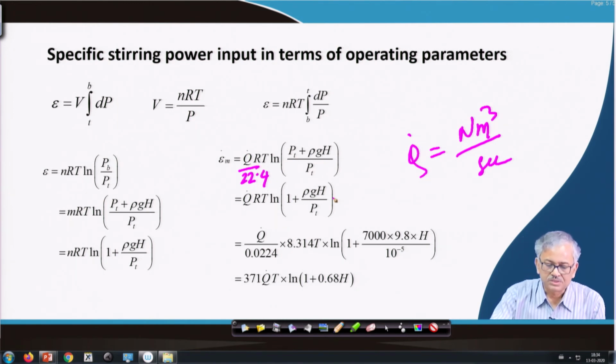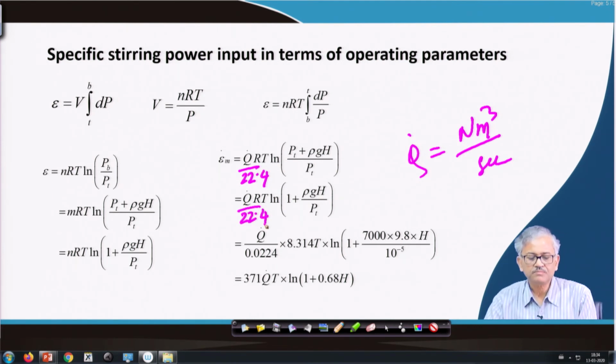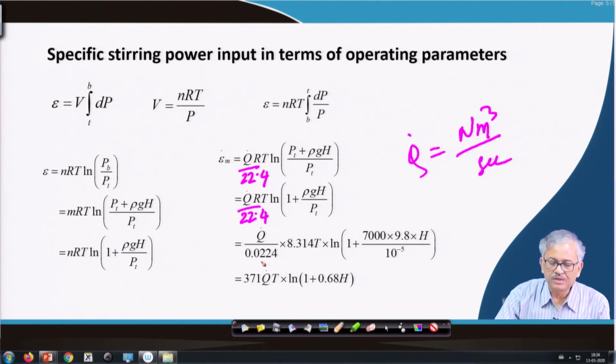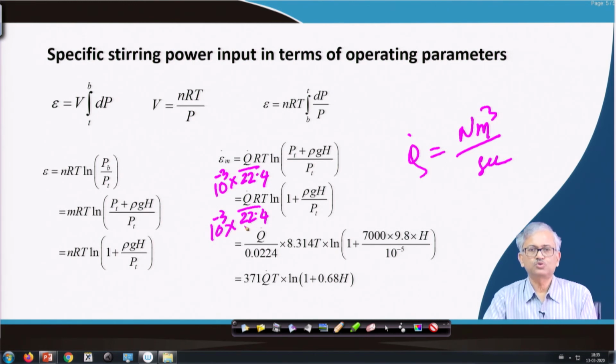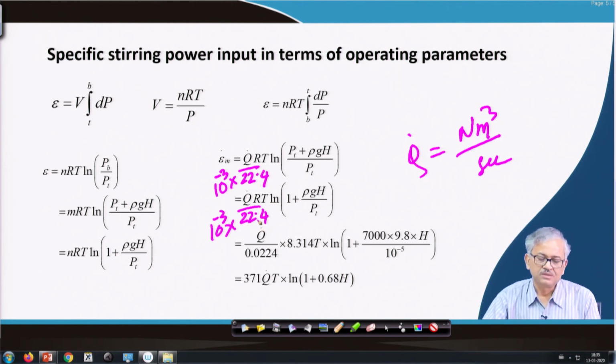So you can write it with 22.4. And if you write it in moles, then it should also be multiplied by 10 to the minus 3, because 22.4 liter is 22.4 into 10 to the minus 3 normal meter cube.